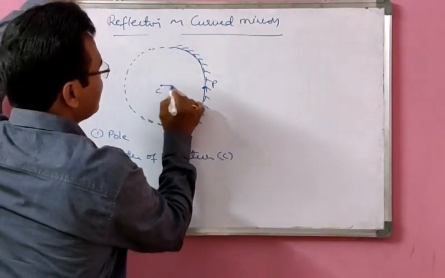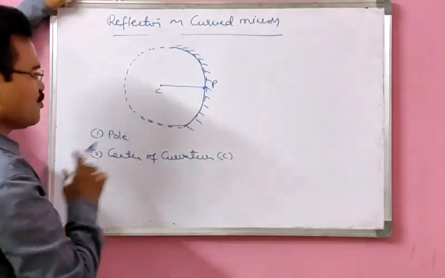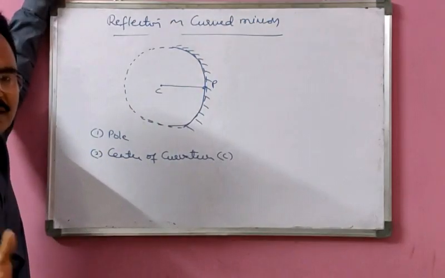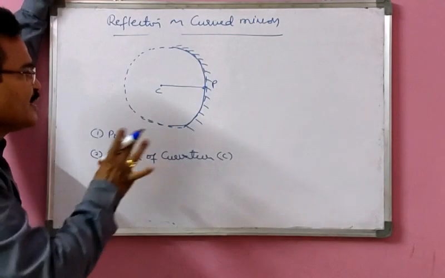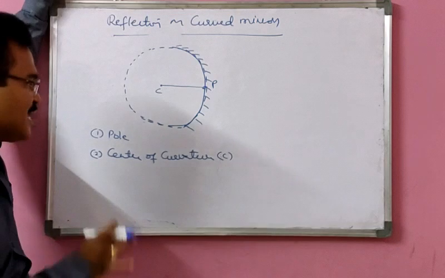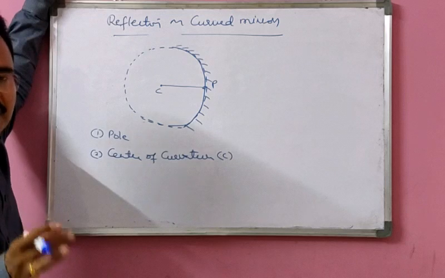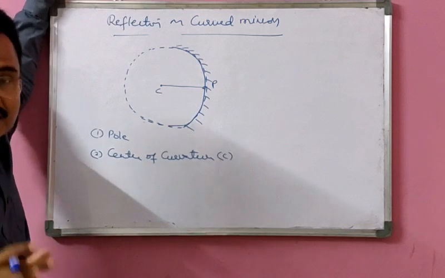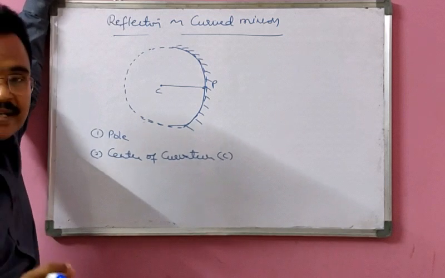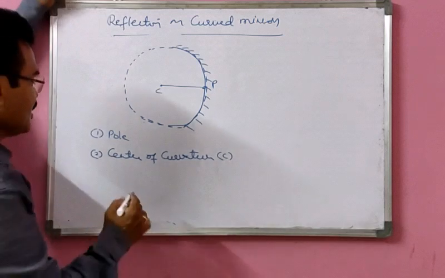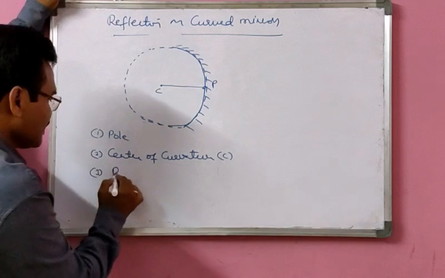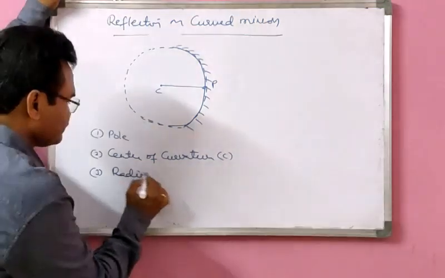So this C is called the center of curvature. The definition: the center of the sphere of which the mirror is a part is called the center of curvature.